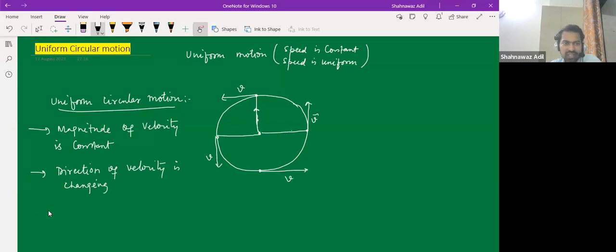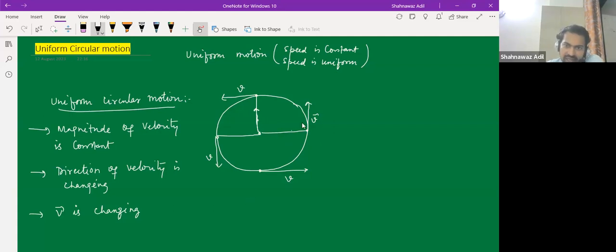That is why we say that the velocity is changed, although the magnitude is the same, right? The magnitude of velocity is the same, but the direction is changed.